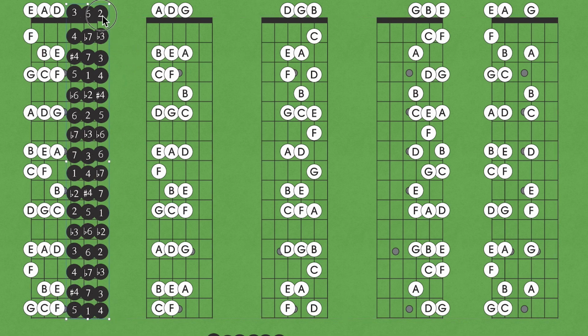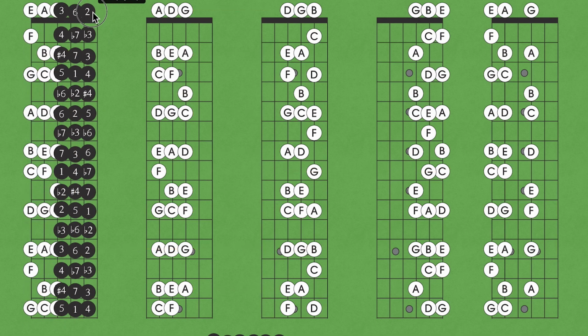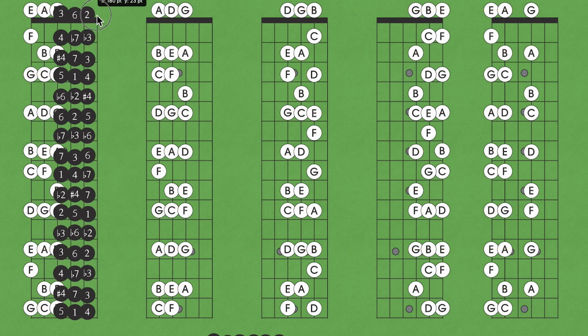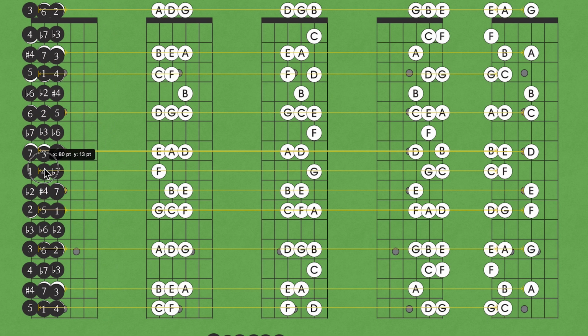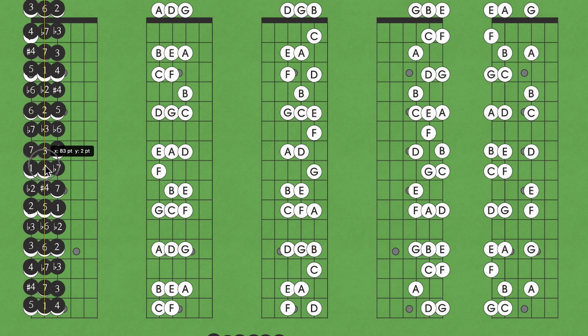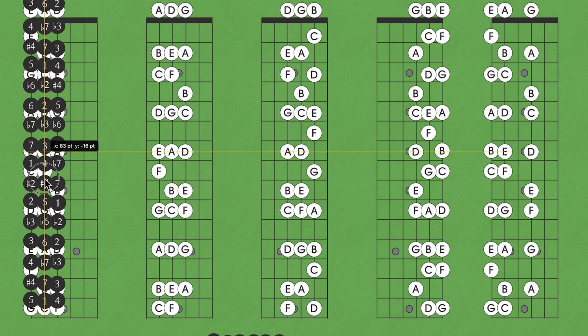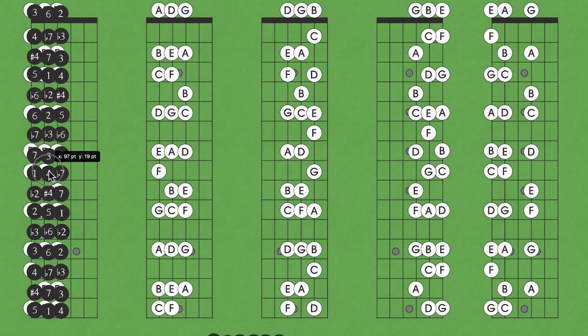We see we have E, A, and D in order as the 3, 6, 2. But if we look at the bottom here, the 1, 4, and 5 are a pattern that happens on those 3 strings, C, F, and G, and it happens right here on the 3rd fret as well.